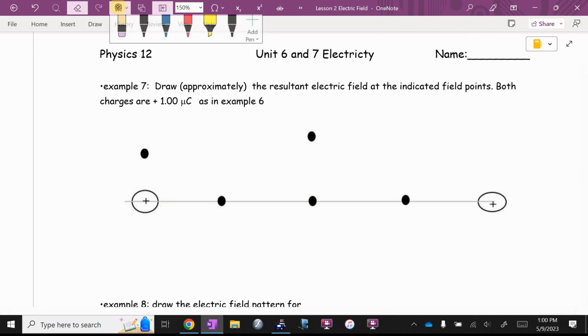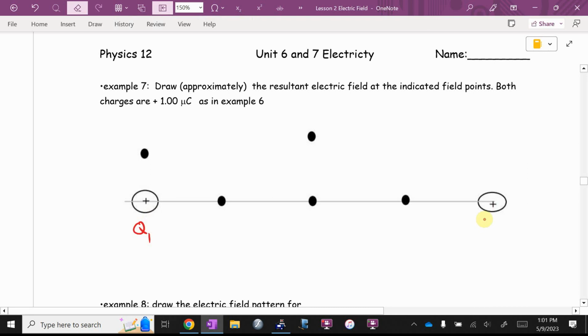Oh, Mr. Dueck, is there more than one charge in this question? Then what should I do? Q1, Q2. Okay, so if I put a little positive right here, which way would Q1 exert an electric field? Which way would a positive want to move? Which way would a positive want to move because of Q2?